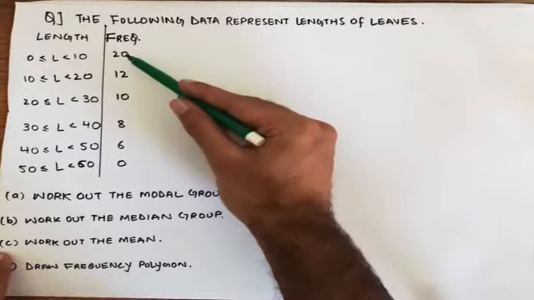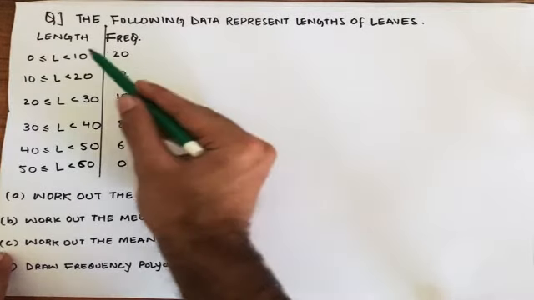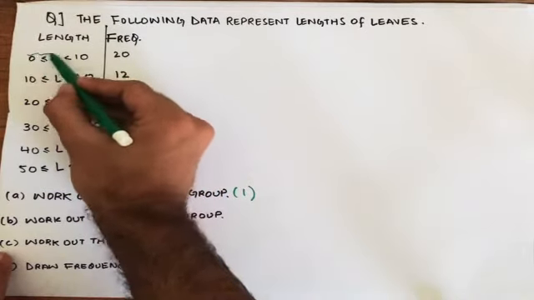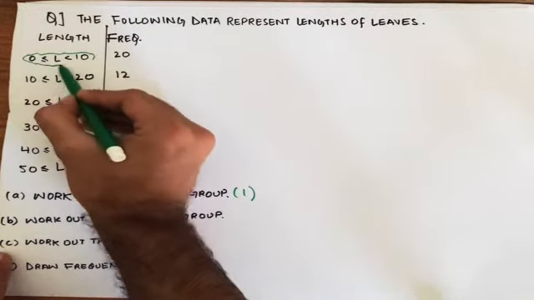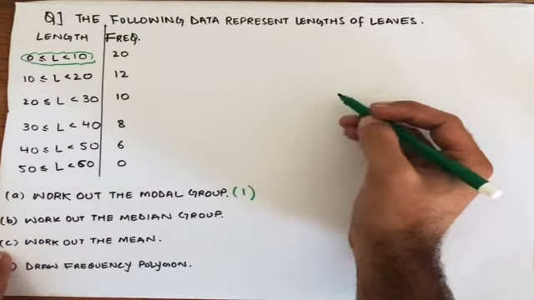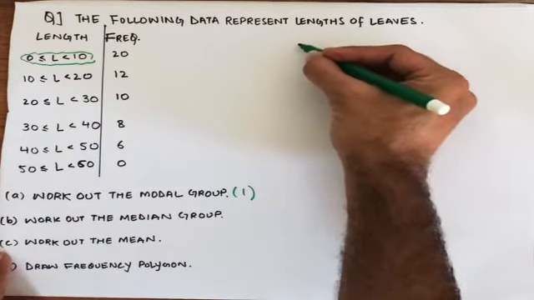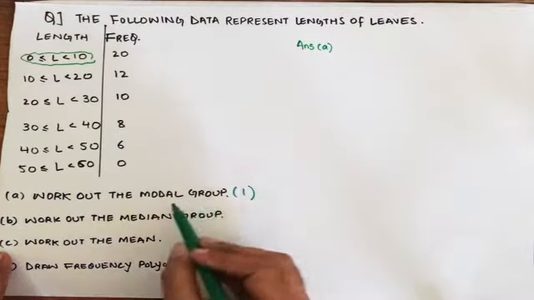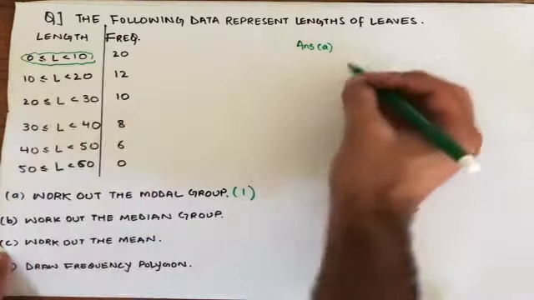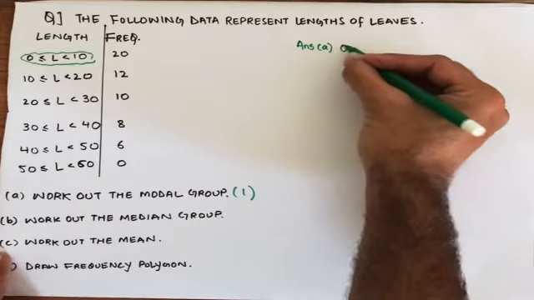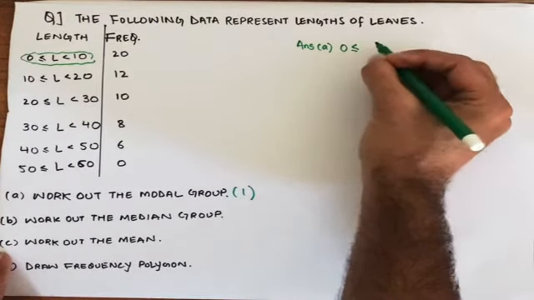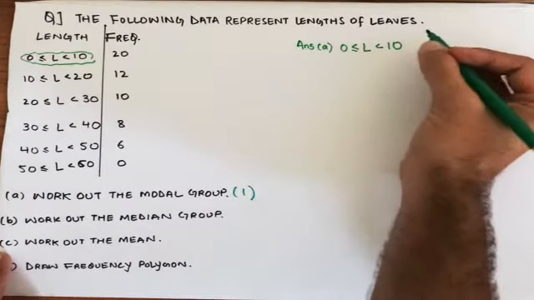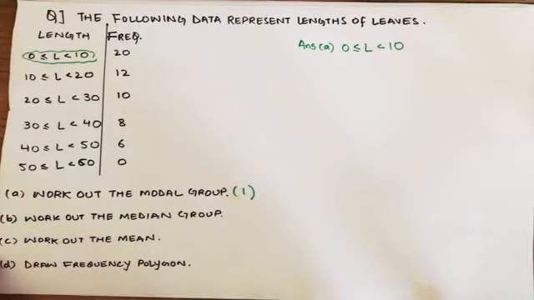So frequency is not the answer, but the answer is the most frequent set of data, which is this. So our answer A would be this most frequent group. Write this whole group just like this. So this is your answer, 1 mark for this.